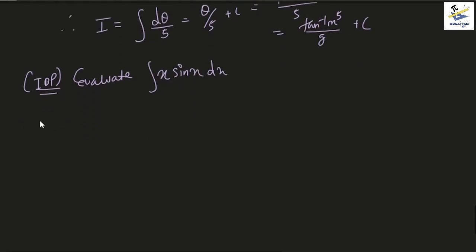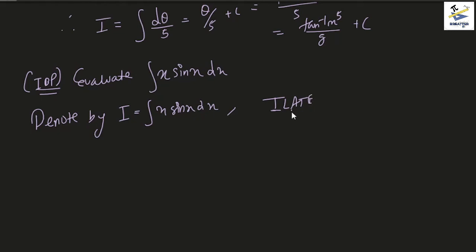So denote by I the integral, and whenever we see functions which are a product of two different kinds of functions, we try to remember our ILATE rule, where we know which one to take as first function and which one to take as second function. So in the ILATE rule, as you can see, the algebraic function comes first before the trigonometric function. So the algebraic function should be function 1, and the trigonometric one should be function 2, right?